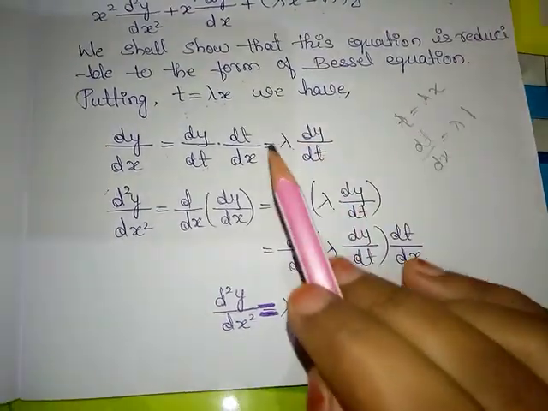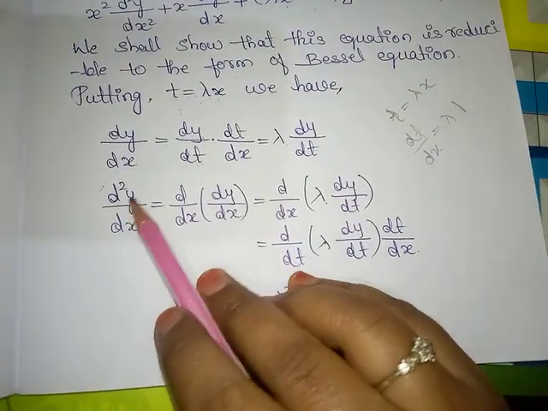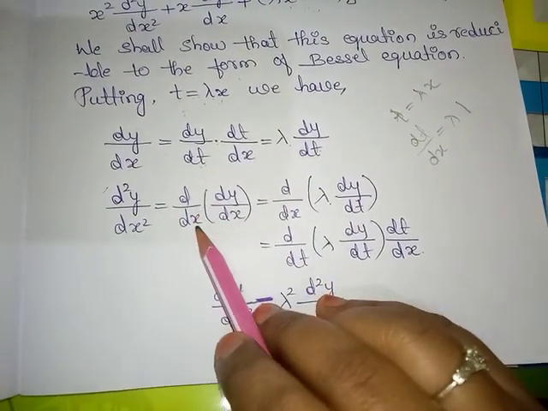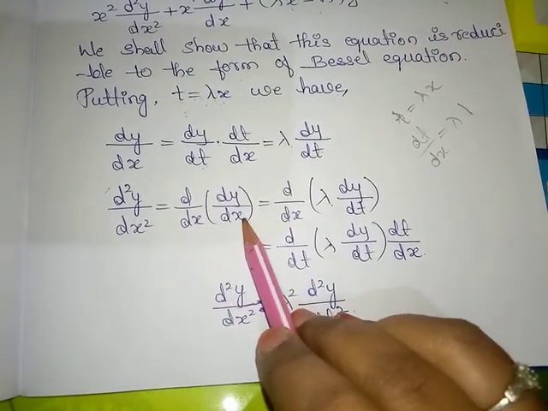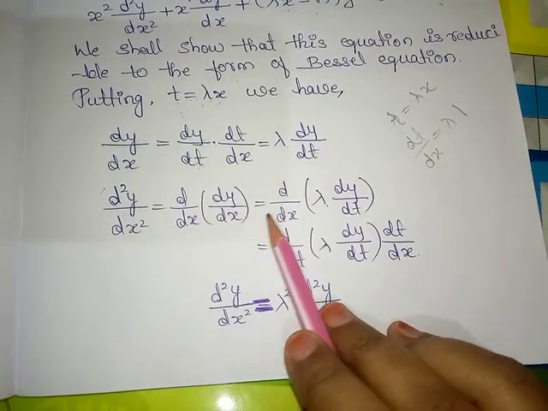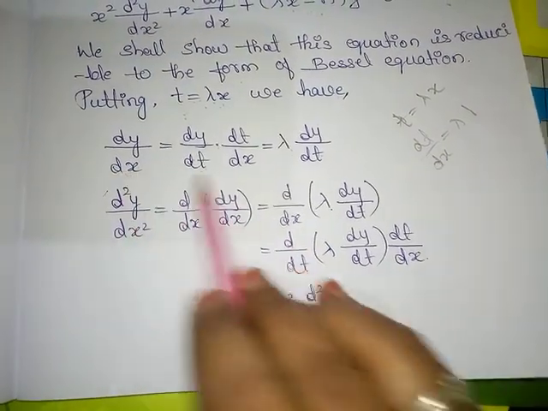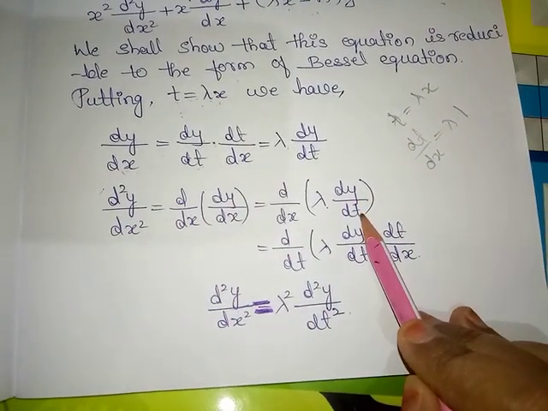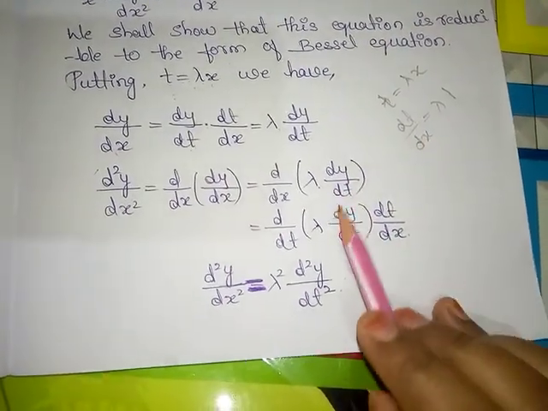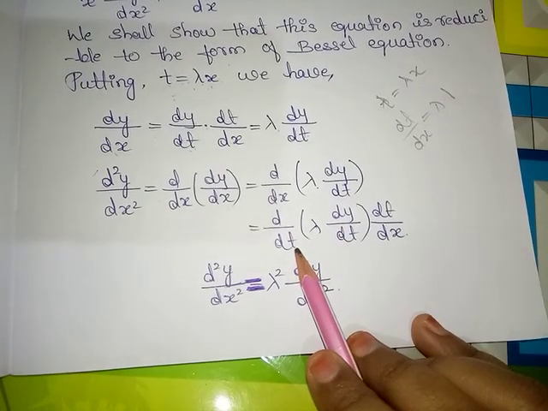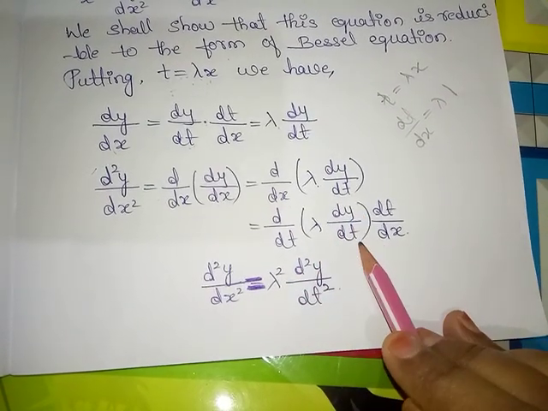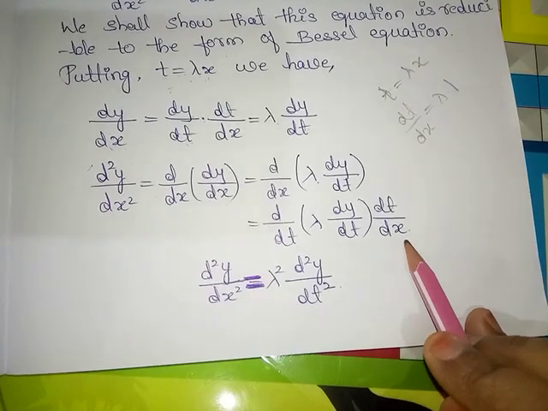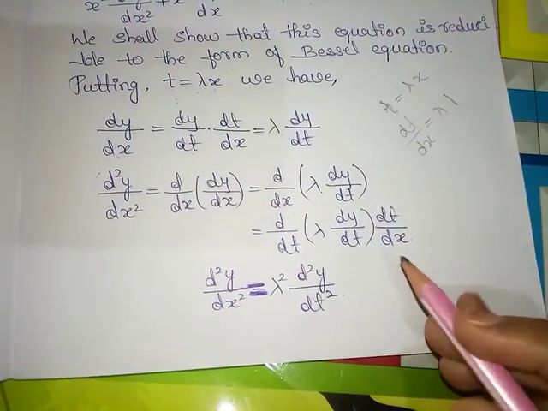Next, differentiate this with respect to x again. d square y by dx square is equal to d by dx of dy by dx. Then we have d by dx of lambda dy by dt. Now this can be written as d by dt of lambda dy by dt into dt by dx, because we have the function in t.